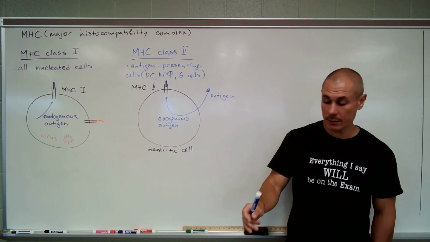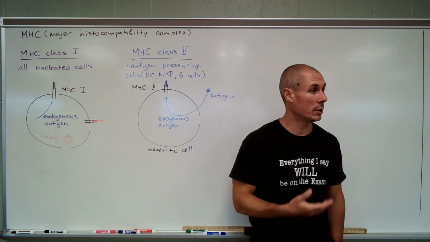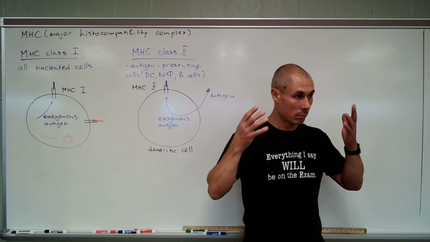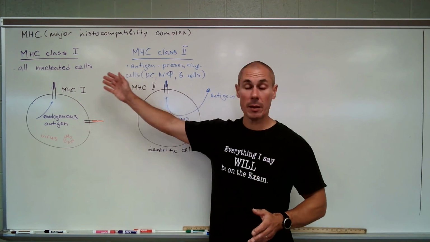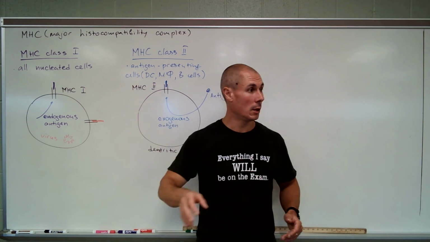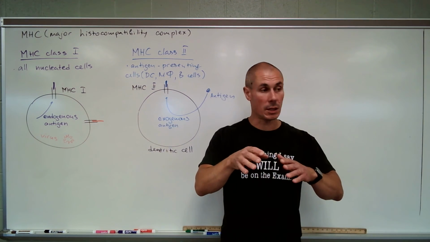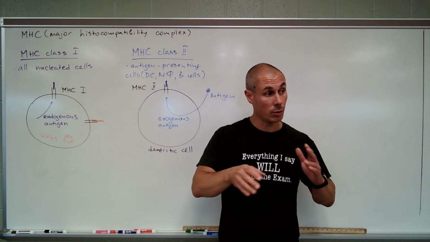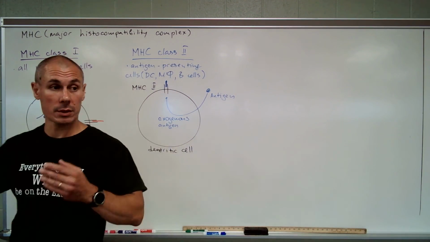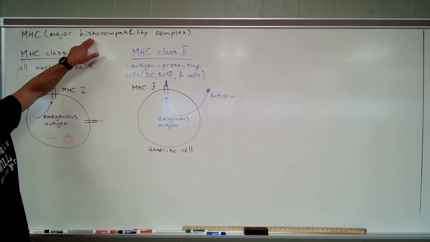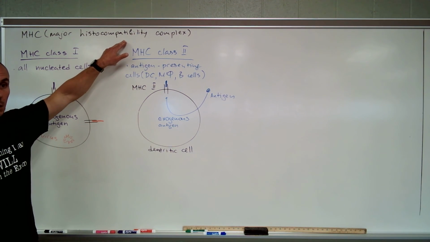Now, what is the big idea? In addition to the role of MHC, especially MHC1, to show your immune system if the cell is infected or not, cancerous or not, these MHC molecules contribute to tissue compatibility.